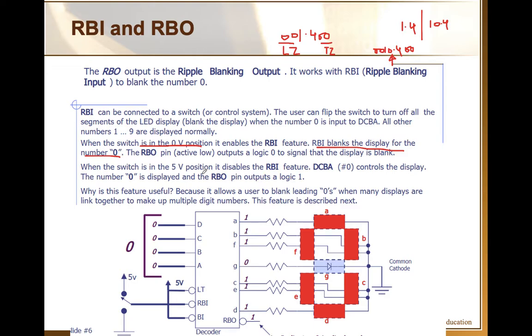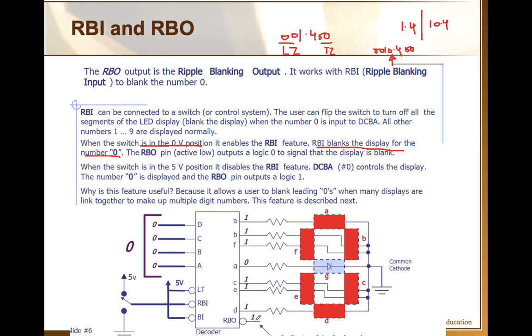Okay, so why is this feature useful? Because I told you, it will blank out the leading or trailing zeros as well. I will show you using examples. One important thing to notice is that whenever RBI is 5 volts, it is disabled, then RBO is 1. That means that we are not blanking out any output on the 7 segment.